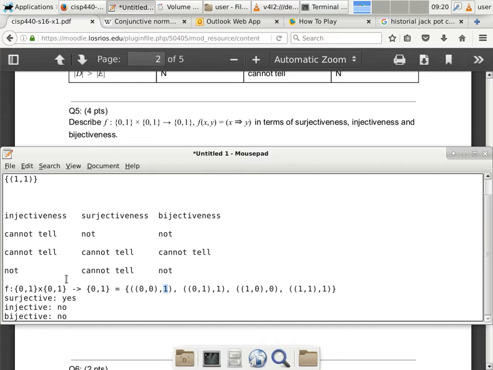So, well, I guess what I'm wondering is, this is our domain, and this is our codomain. In other words, this has to be an element coming from here, and this has to be an element coming from here.